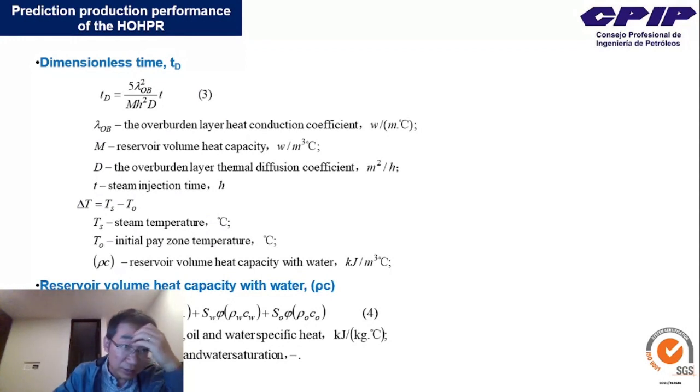Delta T is Ts minus TO. Ts is the steam temperature, and TO is the initial reservoir temperature. The reservoir volume heat capacity with water is formulated here.